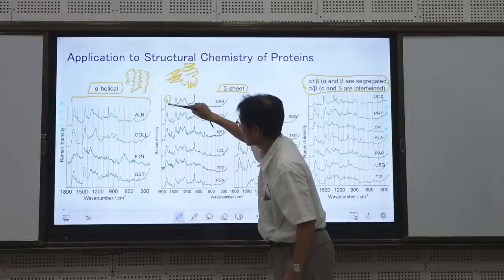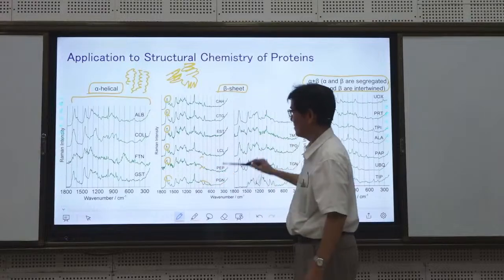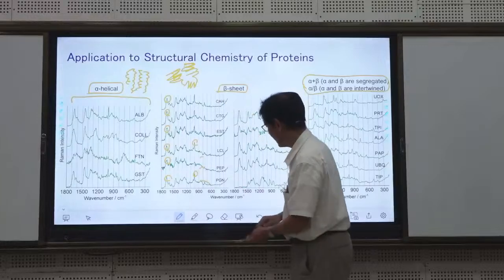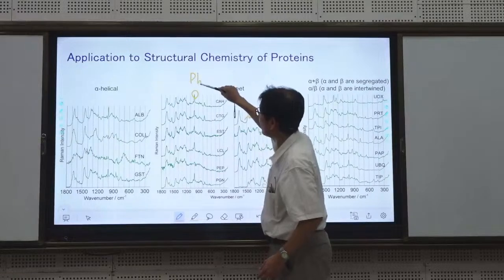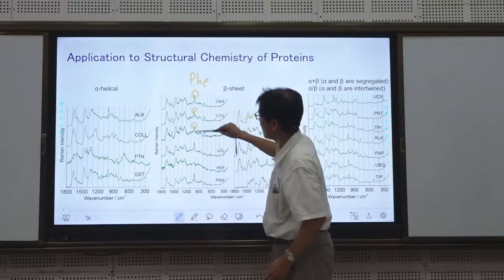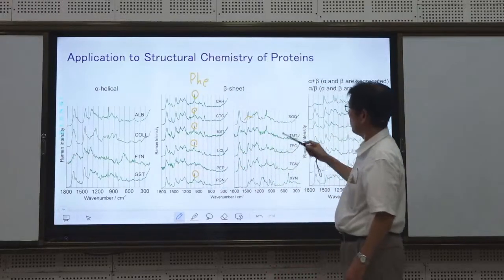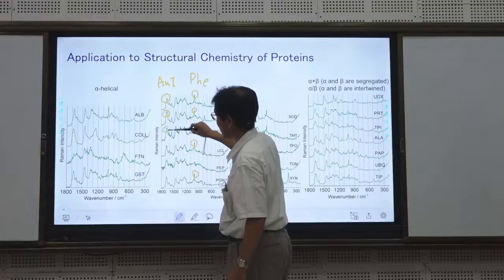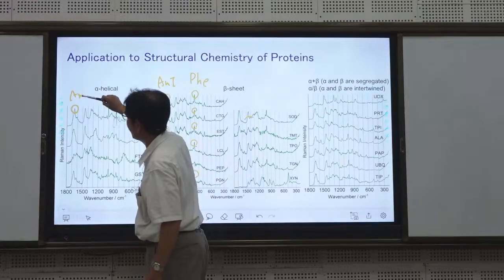Okay? Here is amide 1. Here is phenylalanine. I will explain what amide 1 is later. Okay, amide 1.